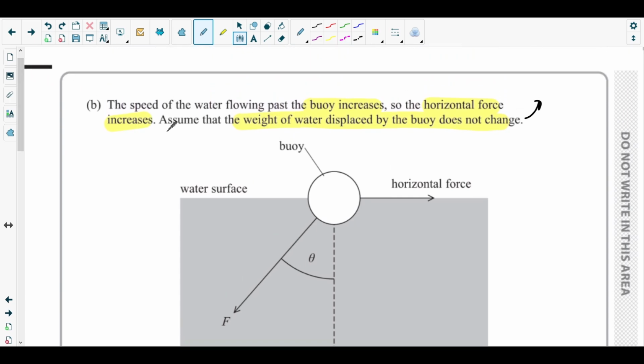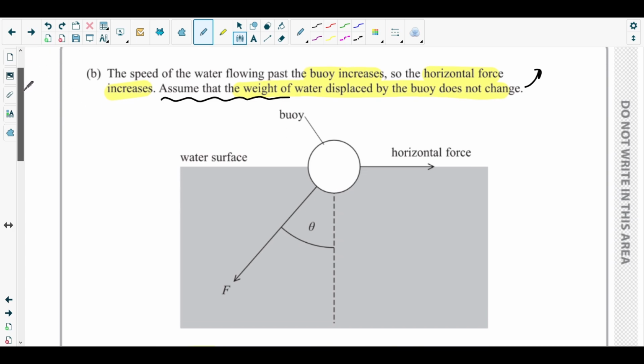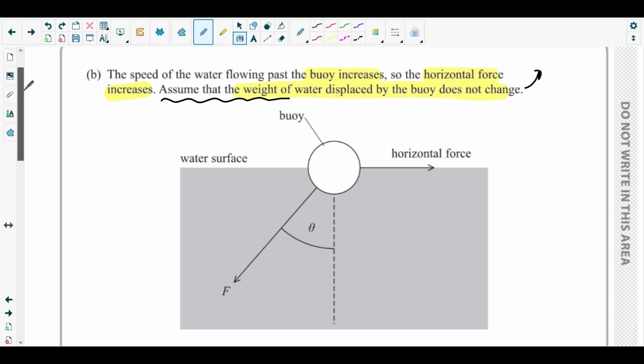They said at the beginning, assume that the weight of water displaced by the buoy does not change. That means in the vertical direction, the upthrust remains constant. So the vertical component of force F should not change, because the upthrust is not changing.